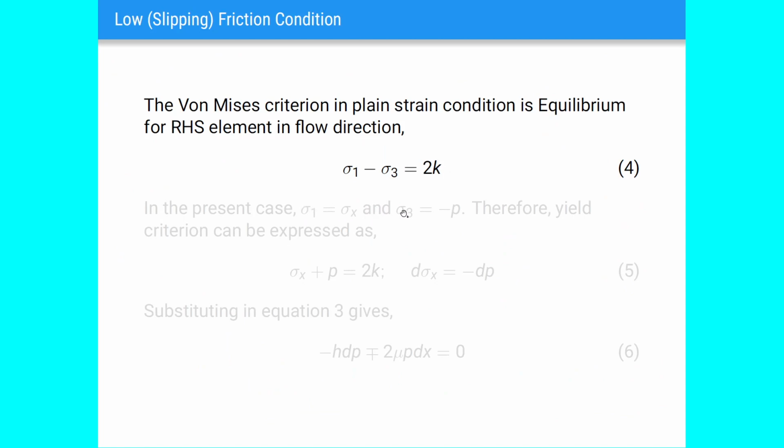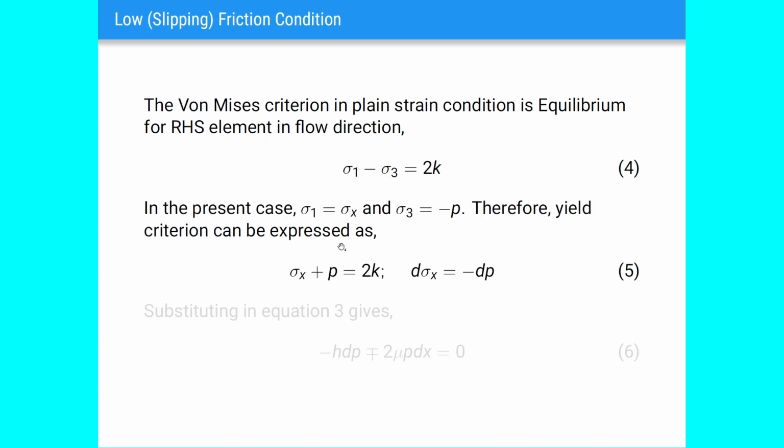This is sigma x, and sigma 3 is equal to minus p. In the present case, sigma 1 equals sigma x and sigma 3 equals minus p. So from the yield criteria, if you put these values, this will be sigma x plus p equal to 2k. Take the differentiation of this. By differentiating this, you will get d sigma x equal to minus dp.